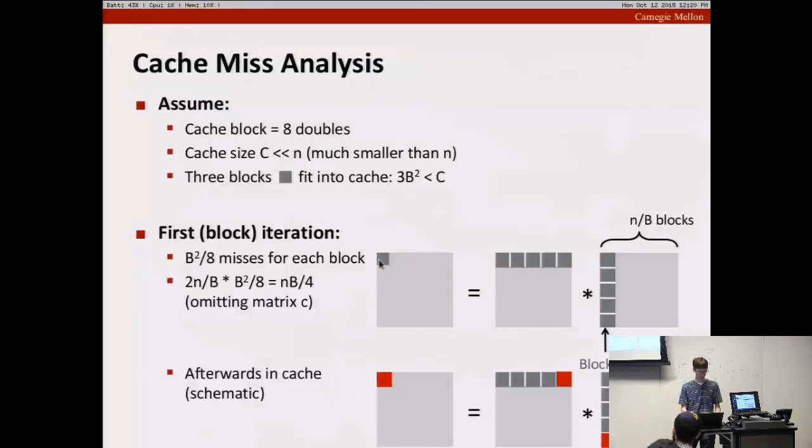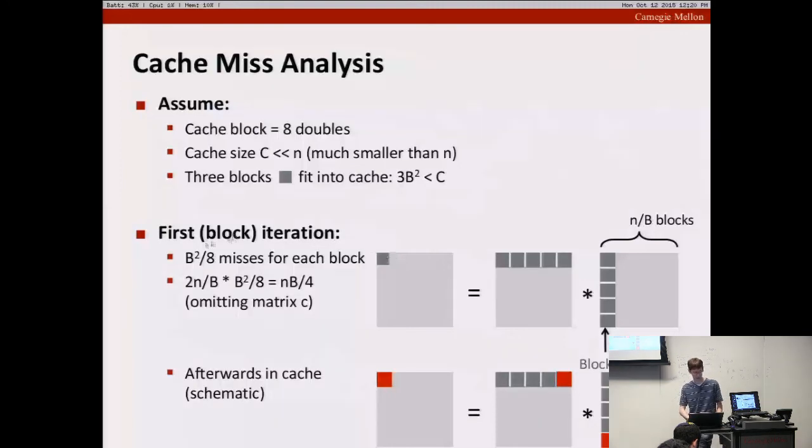Our block size is capital B, so there are n over B blocks total. What we're going to do is go through the rows, and each row of 8 we're good with. It's been loaded up already when we're going through the rows.